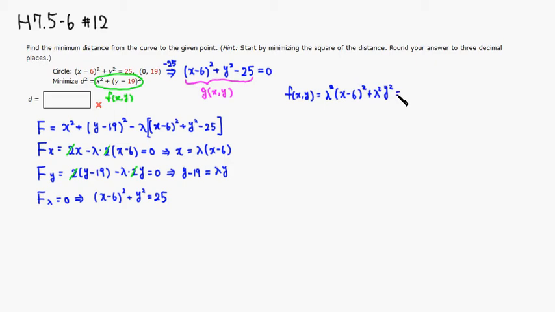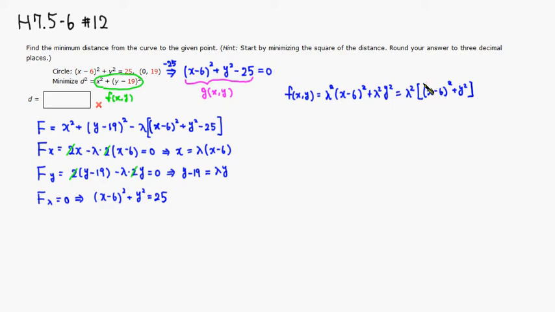Which is the same thing as lambda squared times quantity x minus 6 squared plus y squared. We have seen this expression. Since you are on the circle, x minus 6 squared plus y squared is equal to 25.